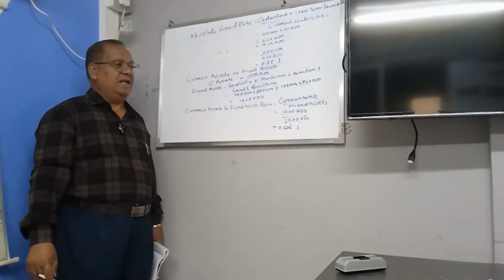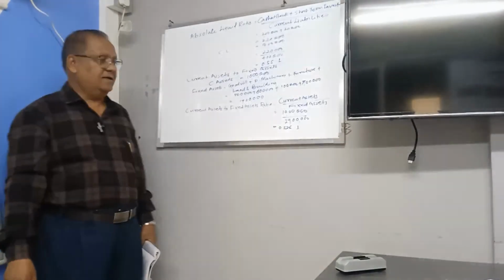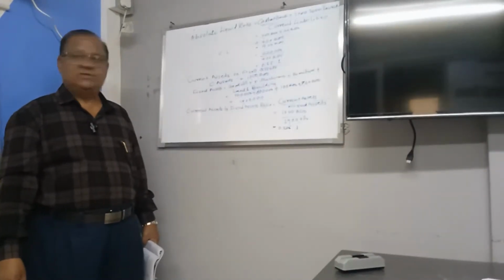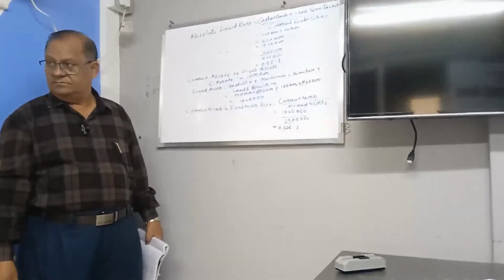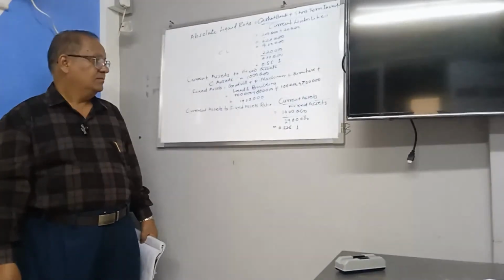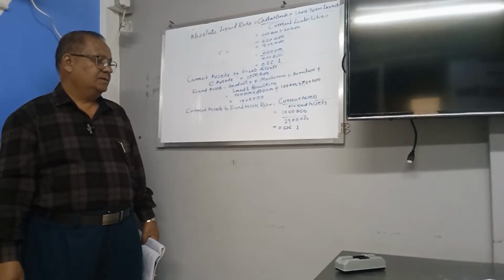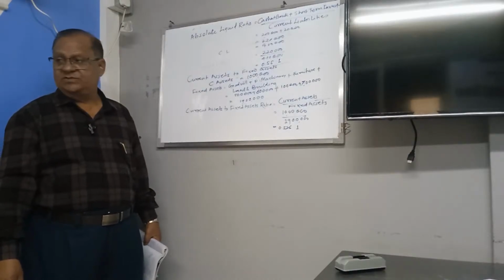Current assets are 10 lakh and fixed assets are 19 lakh. 10 lakh divided by 19 lakh gives 0.526 is to 1.